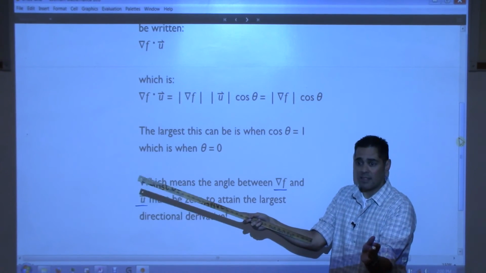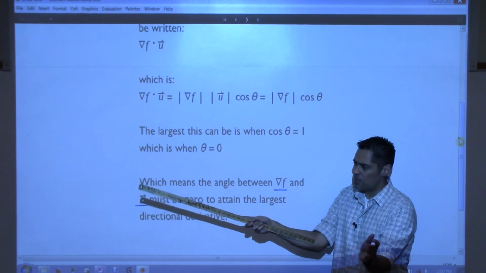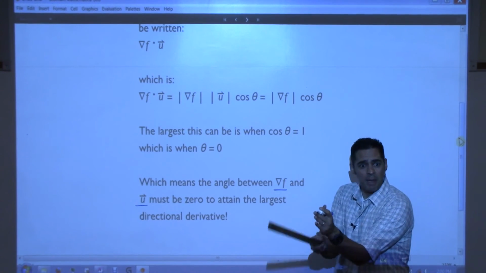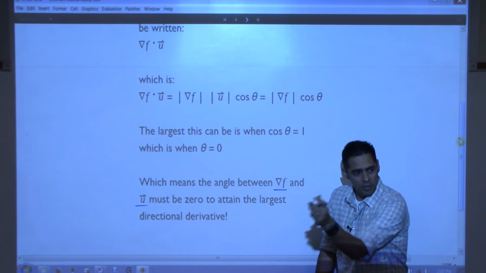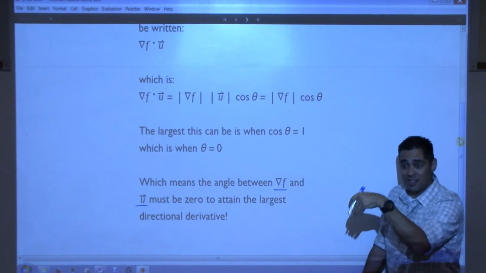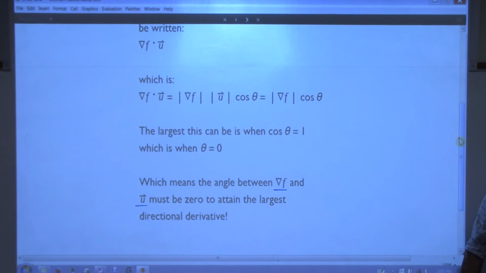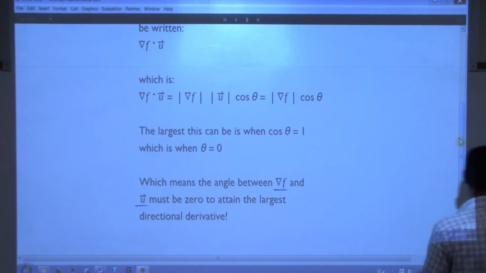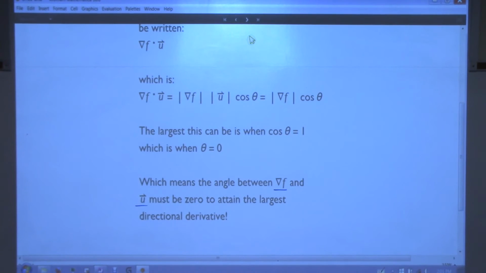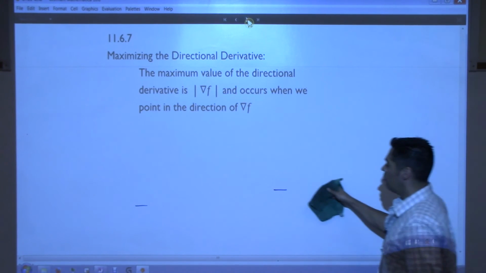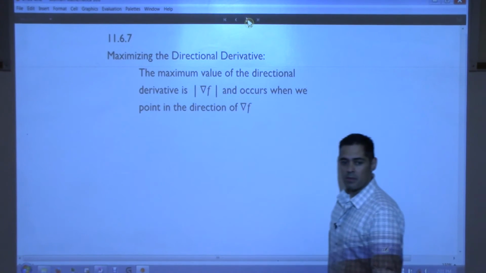Well, it turns out to get the steepest, you need the angle between these two vectors to be 0, which means that you must be pointing in the direction of the gradient. So the gradient vector itself is the direction that you should point to get your steepest ascent. And that, to me, is amazing. Because that means if you can calculate the gradient, then you know which way to point to get the steepest ascent.